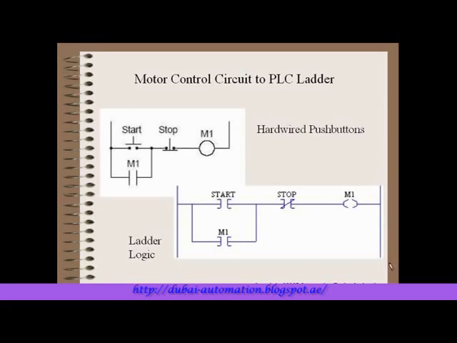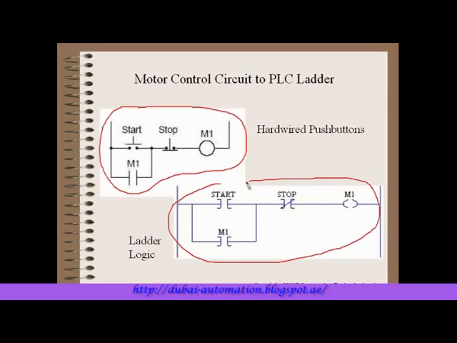So this gives us a situation where we have our hardwired circuit above here, and we have our PLC ladder logic representation of that circuit. Now, this start contact, you see they're slightly different in the way they are shown here, but this start contact correlates to the location that this push button comes into the PLC, and the stop contact also correlates to the position where this stop push button is wired into the PLC.